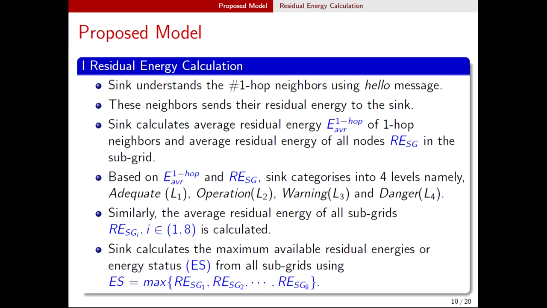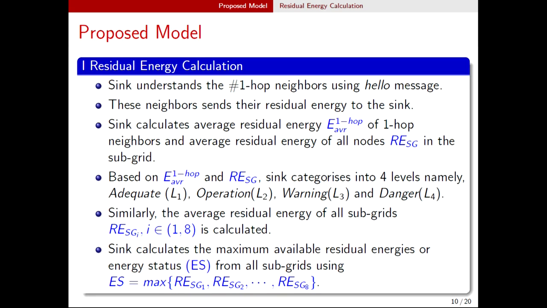Based on these two parameters, the one-hop neighbors and the subgrid residual energy, the sink will categorize the energy level into 4 levels, namely the adequate level, operation level, warning level, and danger level. These are normalized from 0 to 100%.